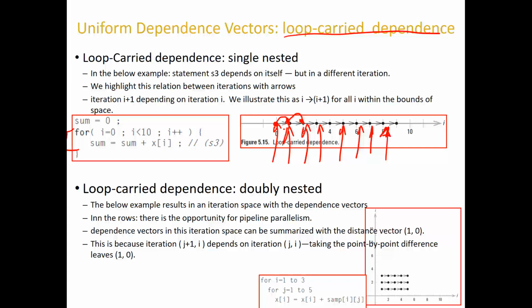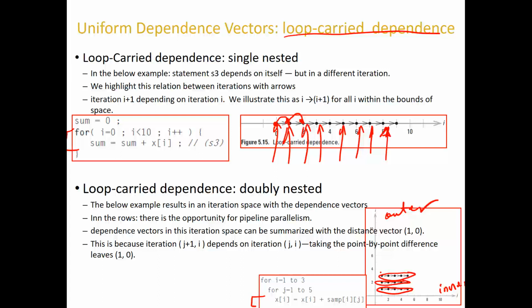Similarly, in this loop you have two nested loops. Within the inner loop you have some kind of dependence. So this is the outer loop, and this is the inner loop. The inner loop you cannot parallelize because of the dependence, but the outer loop you can.